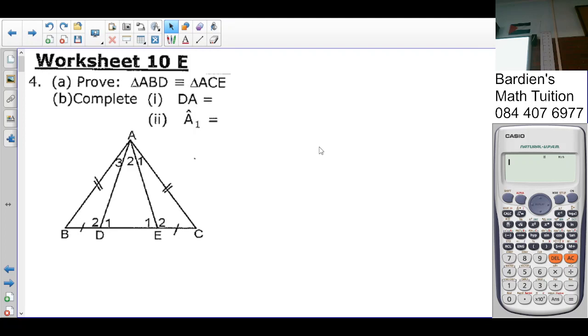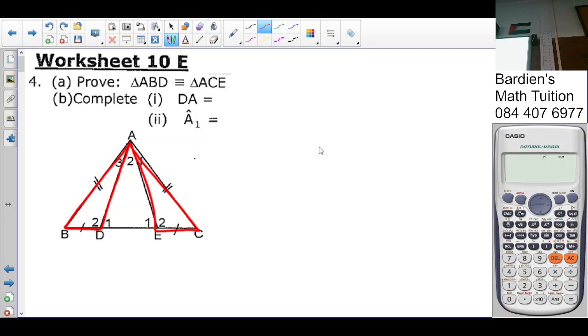Number 4. We are asked to prove that triangle ABD is congruent to triangle ACE. So if you inspect which triangles they're referring to, it's triangle ABD and triangle ACE. What can we say about that? AB is equal to AC.